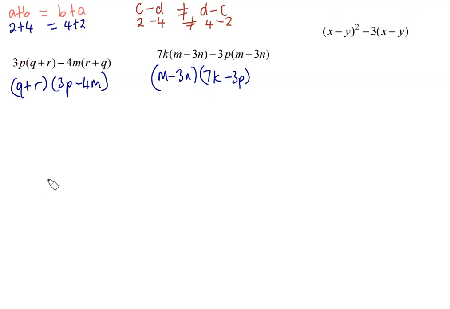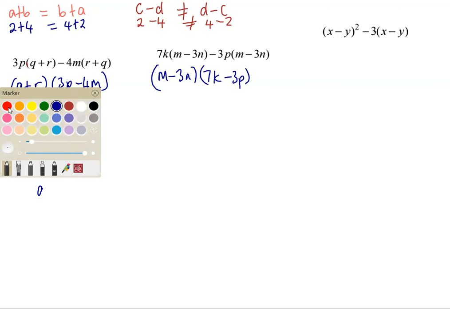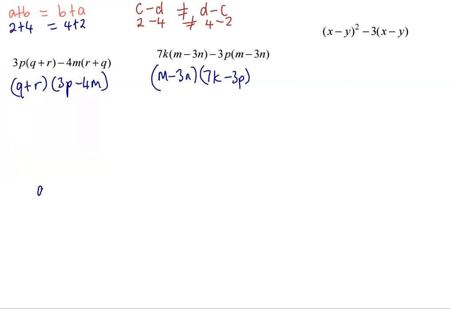Okay, so if you remember what we have learned from the beginning when we were starting expansions, we're given something like this: A plus B, then C plus D. And what have we learned?